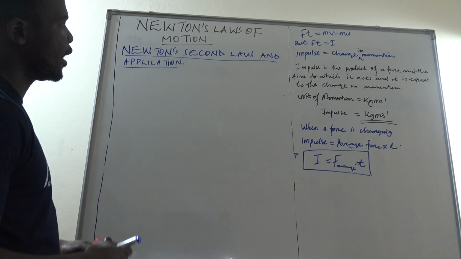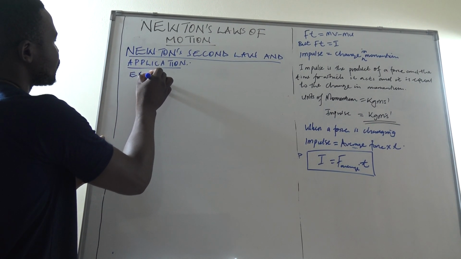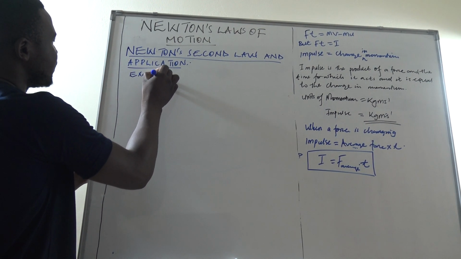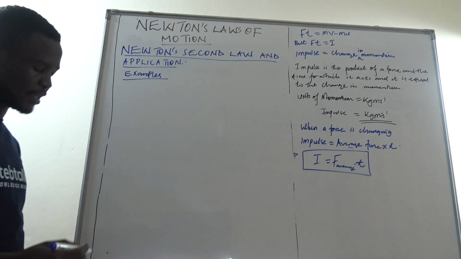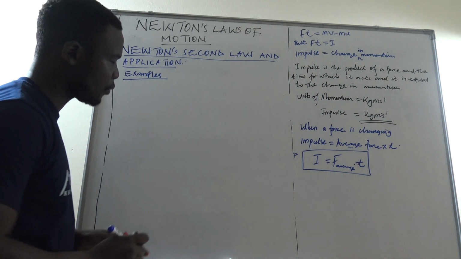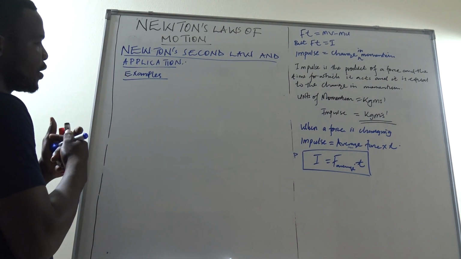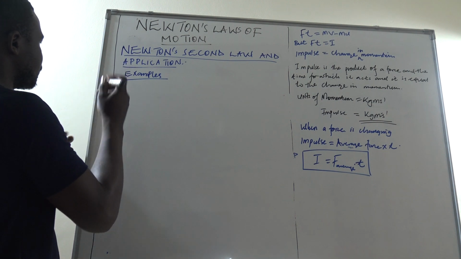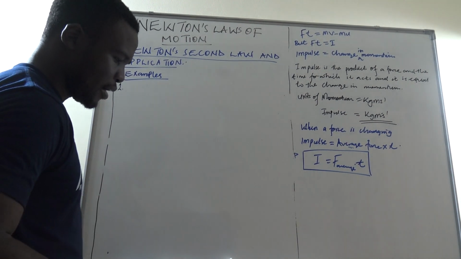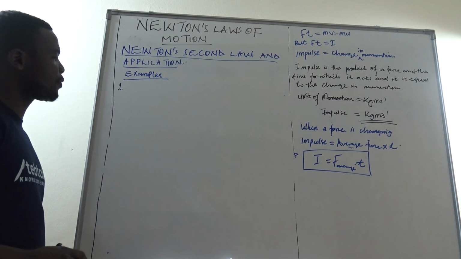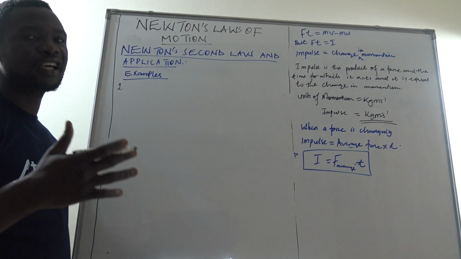So now let's look at some examples or scenarios that are explained by Newton's second law. Scenario number 1: we are going to look at one of the things that are explained by Newton's second law.